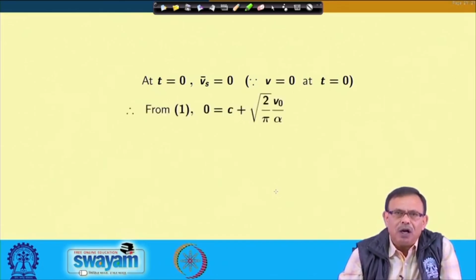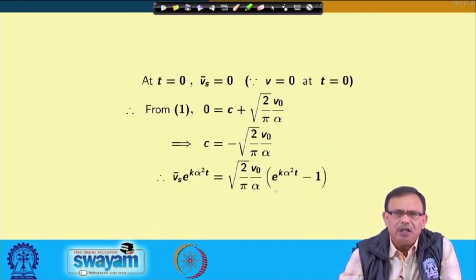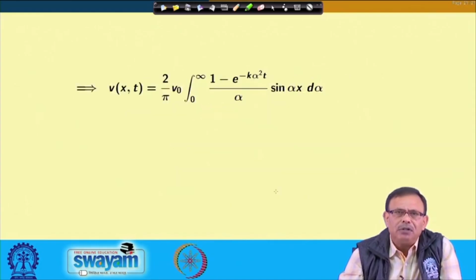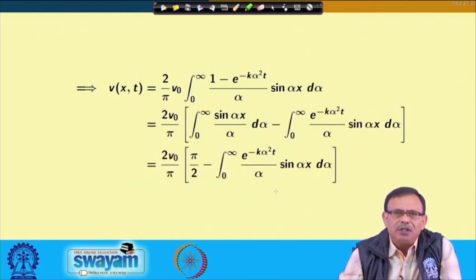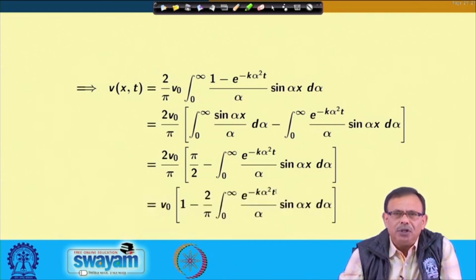So, from this I can obtain the value of constant c as this. So, that v bar s I am obtaining, and now v x t you can write down. You break it into two integrals. The first integral value is pi by 2. So, I am getting v 0 into 1 minus 2 by pi into this integral.